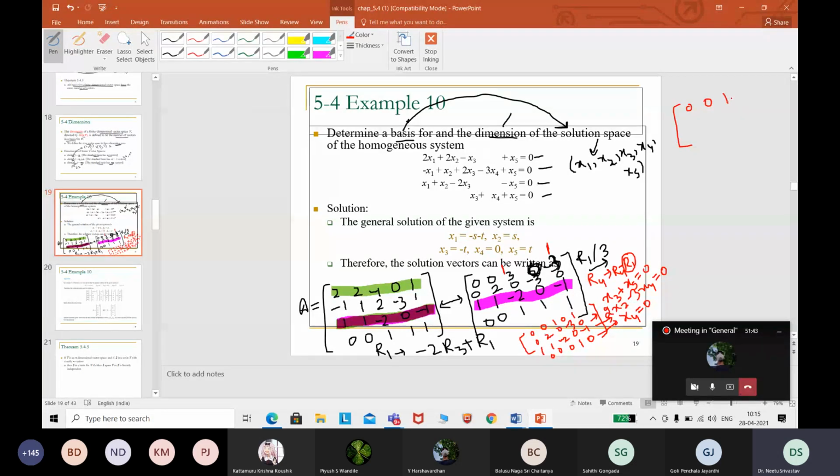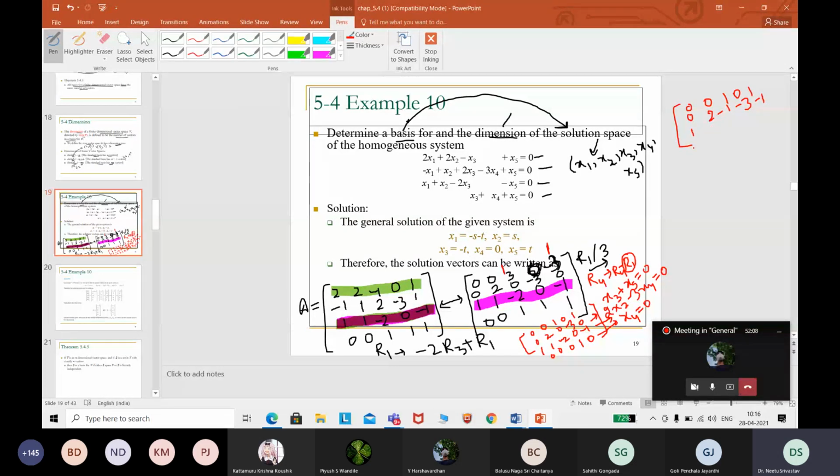The first row is 0, 0, 1, 0, 1. Second row, R2 minus R1, is 2, minus 1, minus 3, minus 1, and the rest will be the same.